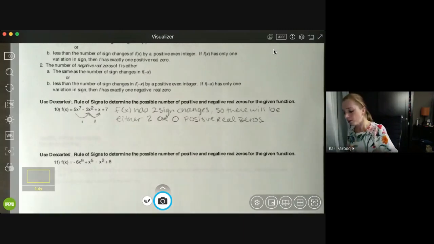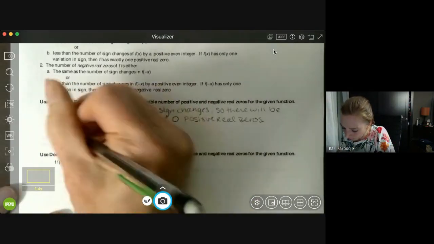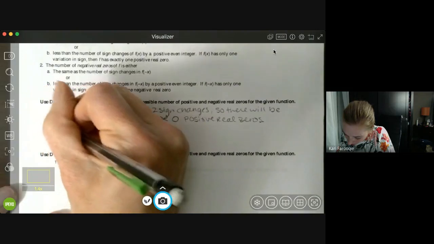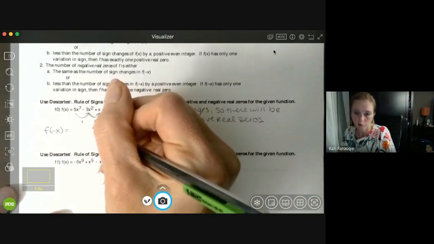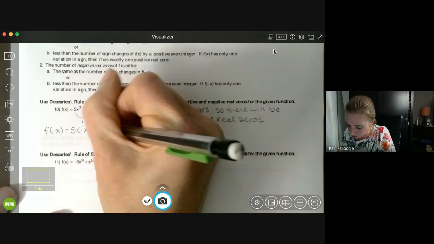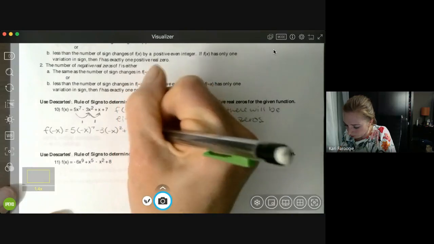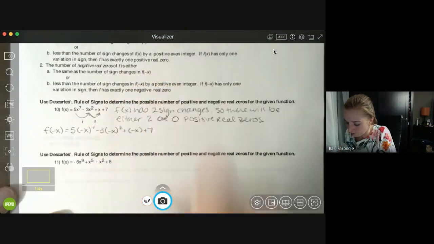Okay. So the next thing would be to determine the number of negative real zeros. So to do that, we're going to find f of negative x. That means everywhere you see x, replace it with negative x. So we'll take negative x to the 7th, and then minus 3 times negative x squared plus negative x plus 7.